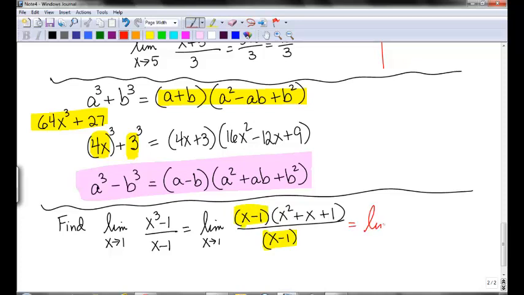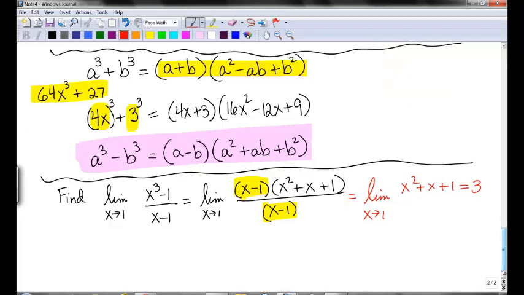Okay, and you still have the limit notation. And you got x squared plus x plus 1. Okay, now you can sub in. So 1 squared would be 1, plus 1, plus 1 would be 3. The limit is 3.